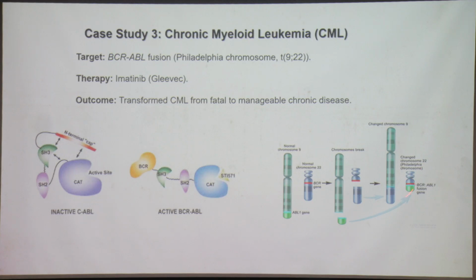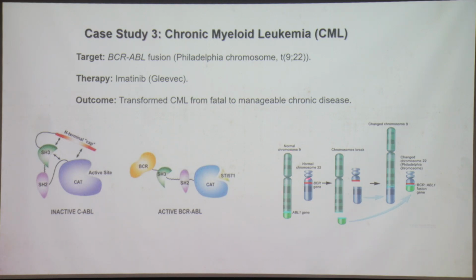Oh, this picture is already here. See, ABL is this blue part here. In BCR-ABL, the BCR part comes from a different chromosome. This is chromosome 22, and ABL is on chromosome 9.